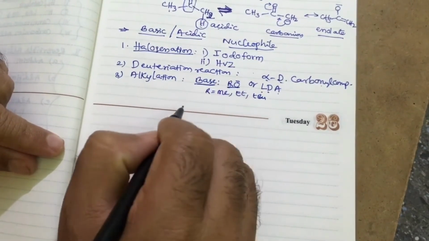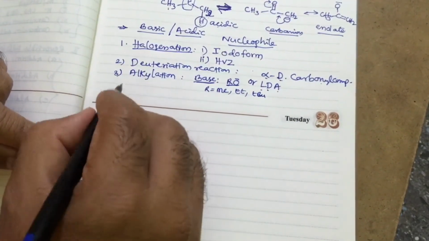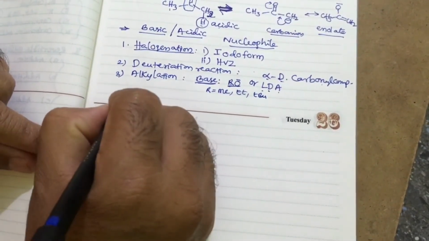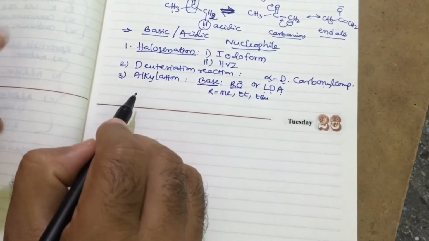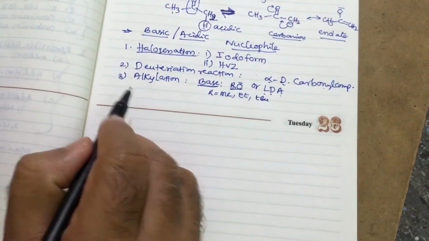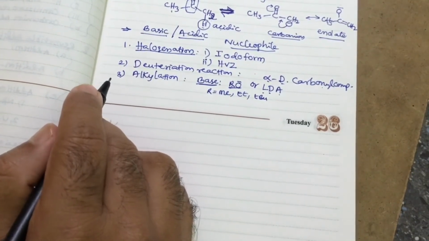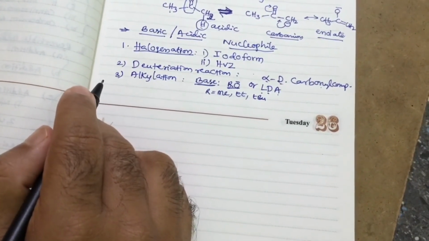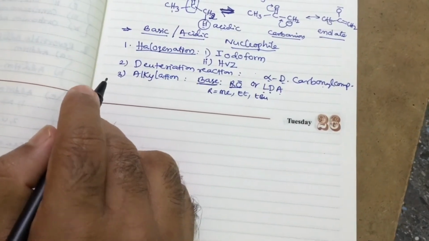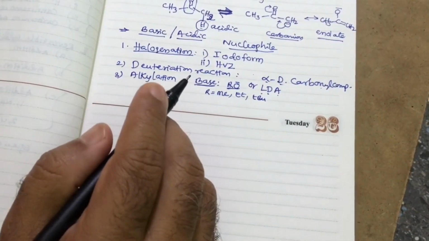Next, which type of alkylation are we using? One is alkylation of malonic esters, and another is alkylation of acetoacetic ester. These are the reactions used for alkylation.